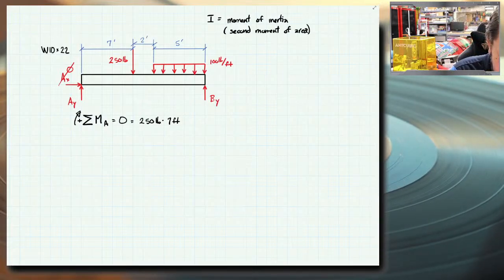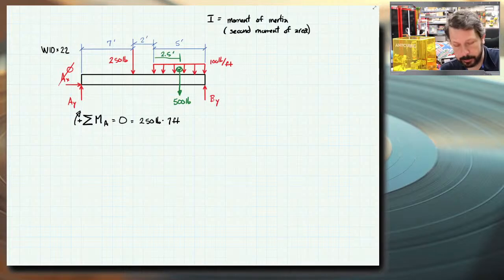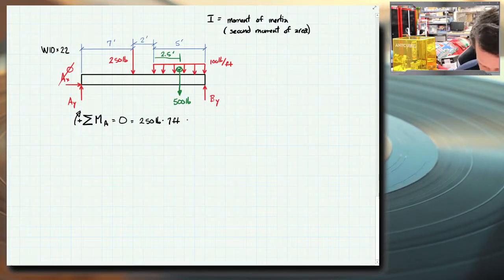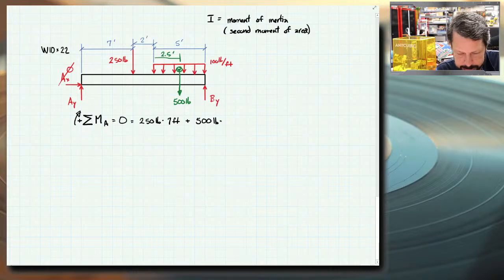So if I were to concentrate that into a single point load, that would be 500 pounds, and it would be 2.5 feet from that point anyway. So it would also go clockwise around point A, so I'm going to give that a plus in my equation. 500 pounds times that distance, 7, 8, 9, 10, 11 and a half feet.